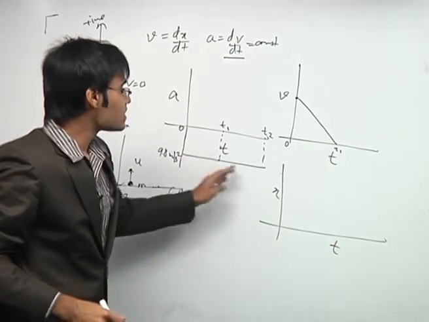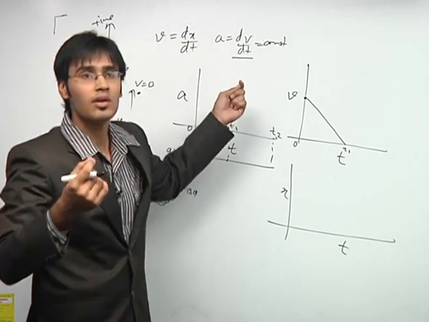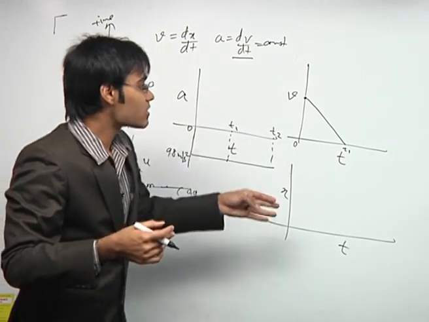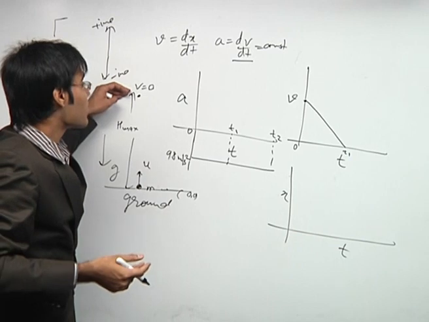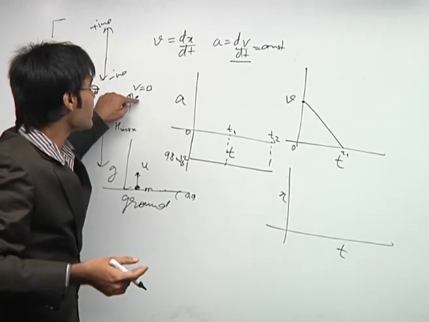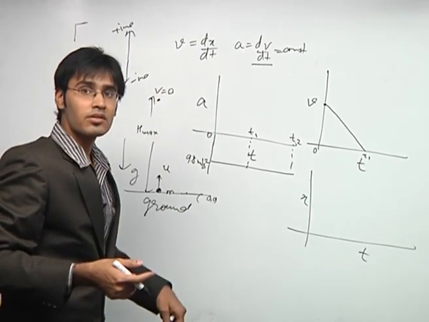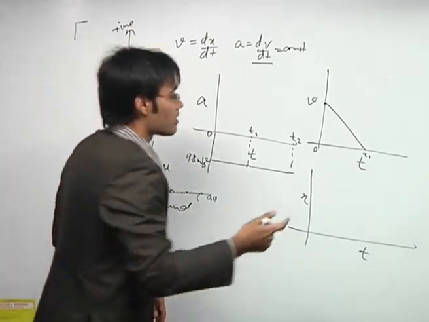Now in fact for the whole journey the slope of v versus t cannot be different, it has to be a unique value, because acceleration is a constant. Therefore for the rest of the journey the slope has to be the same, but after the topmost point velocity is changing its direction, okay. Initially it is 0 at the topmost point, then velocity will be pointing in the negative direction, okay, but the magnitude or the speed will keep on increasing, okay.